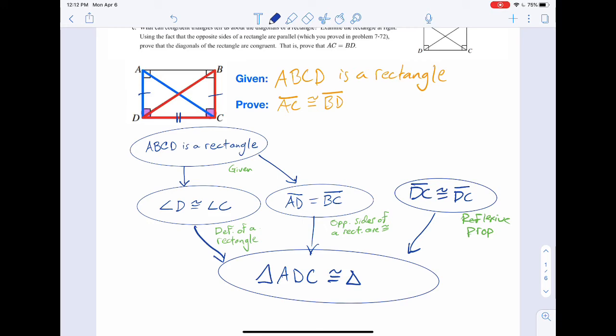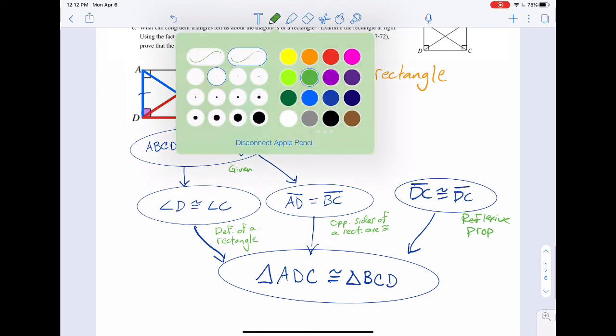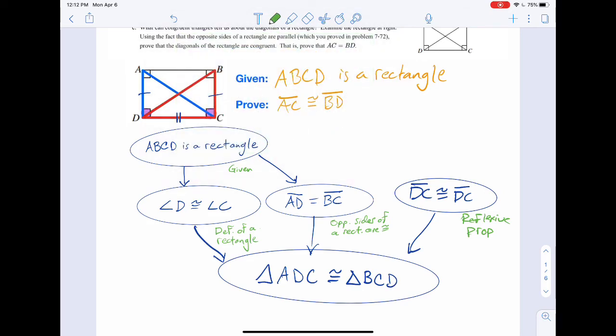Remember, triangle congruence statements have to be written in order of corresponding parts. And so A corresponds with B, D corresponds with C, and so forth, C with D. So triangle BCD. And our reason: side, angle, side congruence.